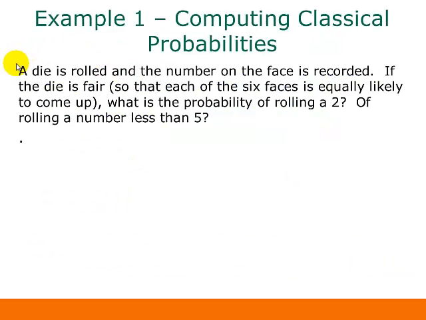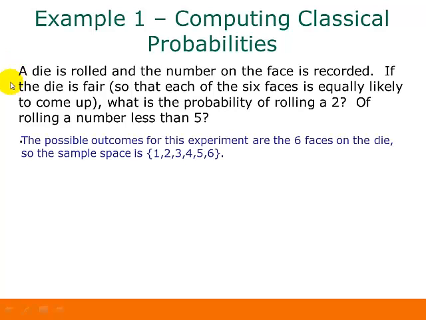Here's an example. A die is rolled and the number on the face is recorded. If the die is fair, so that each of the 6 faces is equally likely to come up, what is the probability of rolling a 2? What is the probability of rolling a number less than 5? So first, let's look at our sample space. The possible outcomes for this experiment are the 6 faces on the die.